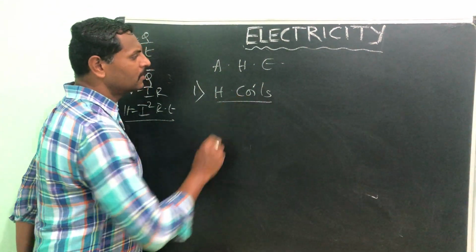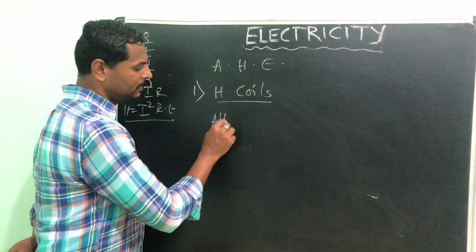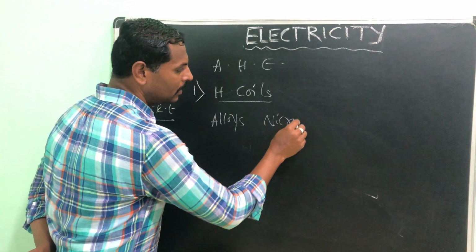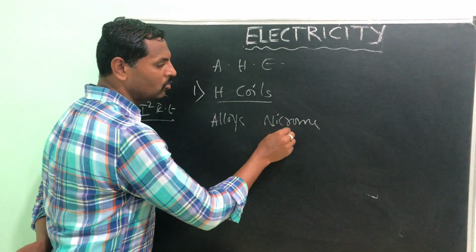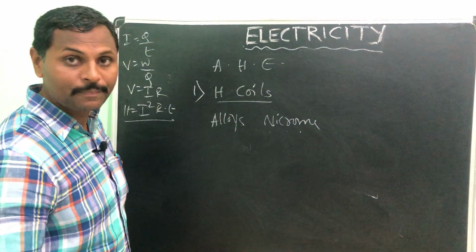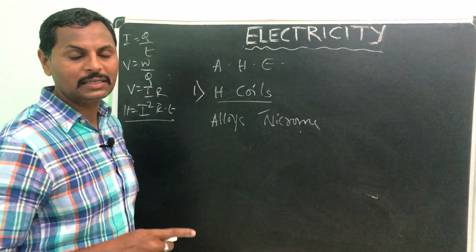So these coils are made of alloys, remember it, alloys, that may be nichrome, which is made of nickel, chromium, manganese and iron, or manganin. So majorly we are using nichrome in the heating coils.